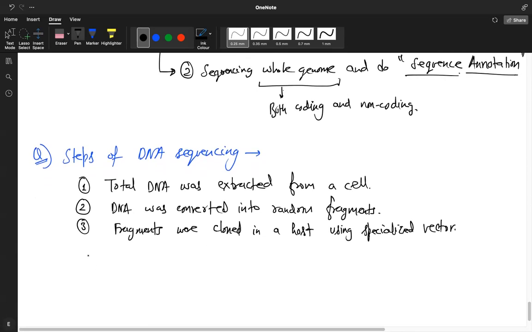Why was this cloning done? We basically wanted to amplify. So you can take DNA from one human cell, but you need to amplify it. So for that, you have to clone it in another host. But because they are DNA fragments, they can technically be cloned in any host. Okay. They have no functional use in that host.